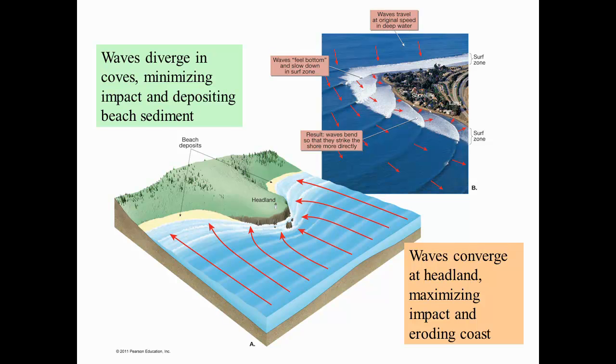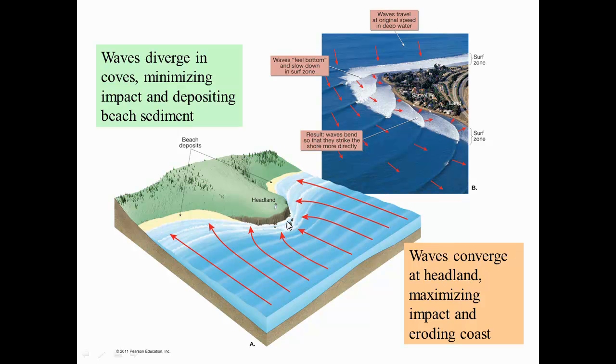What's more, wave refraction will cause waves to diverge within coves. In other words, the waves will spread out when entering coves, and this in turn minimizes impact resulting from net deposition of beach sediment. So notice within this illustration, this block diagram, that the beach deposits are occurring within the coves as a result of the minimal impact within these areas.